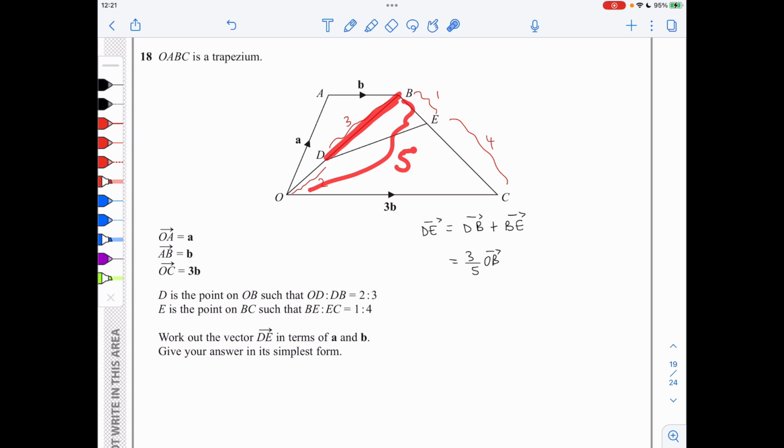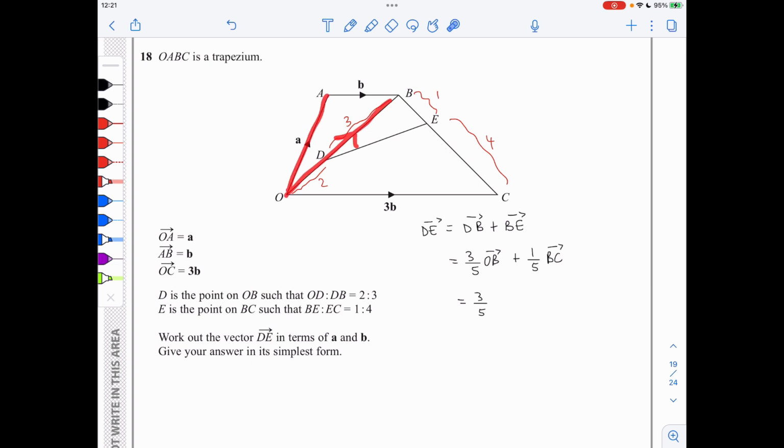So DB is 3/5 of OB, and similarly BE will be 1/5 of BC, so plus 1/5 BC.